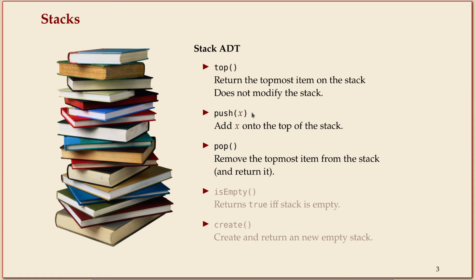You can add a new book on top, though. That's fine. And you can remove the topmost. So the difference is, top just lets you look at the topmost, but leaves the stack unchanged. And pop takes the topmost off and returns it to you. And, well, a few other less exciting methods. You can check if the stack is empty. That's often convenient. And you can start with an empty stack.